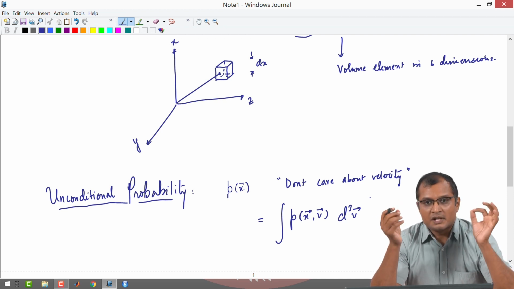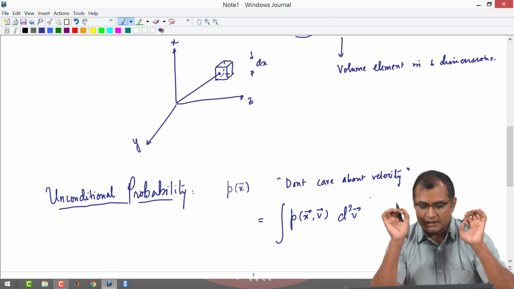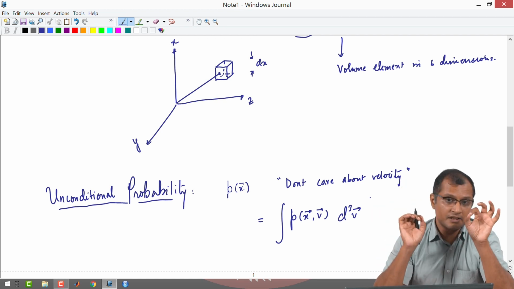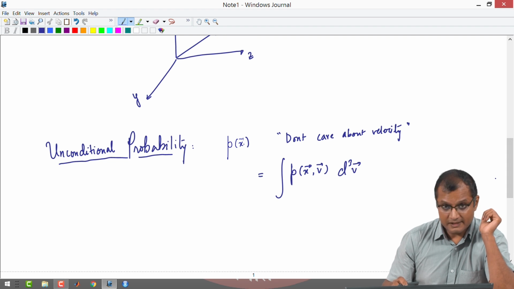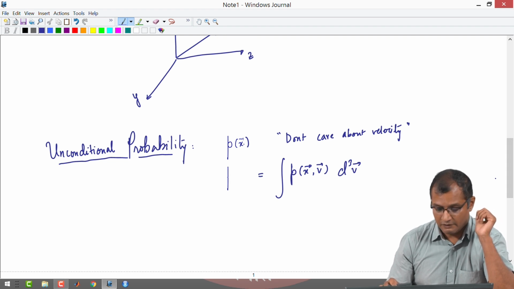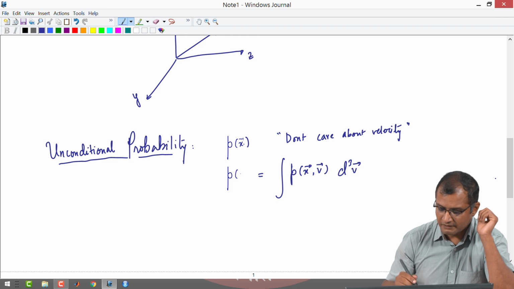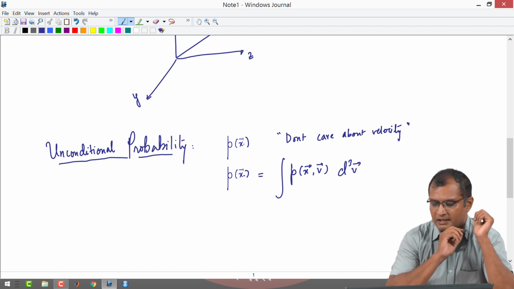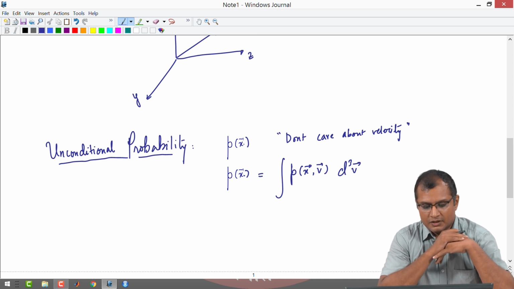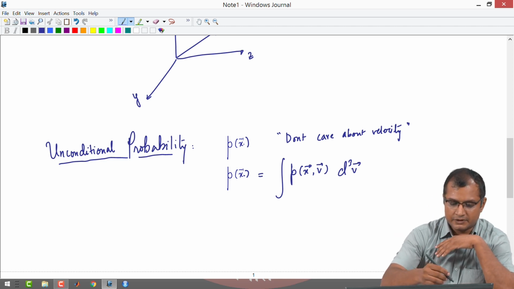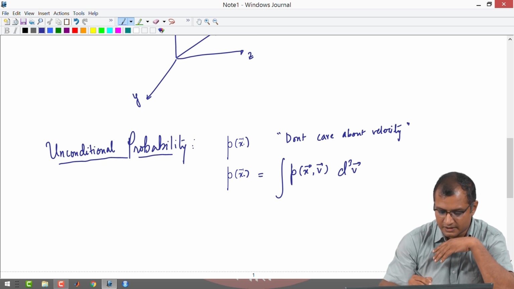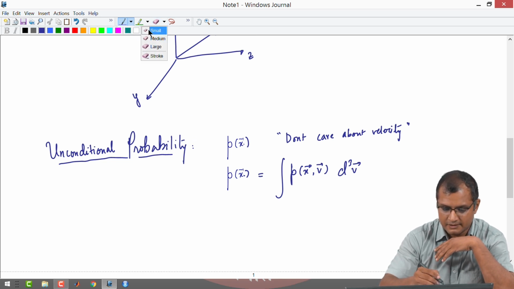All I want to know is the probability density of finding a particle in the neighborhood of x. If I take this probability density and integrate over all velocities, I will get what is required, and that is the unconditional probability density of finding a particle at a location x. Okay, so this is the unconditional probability density.